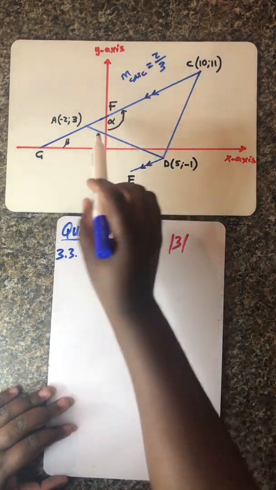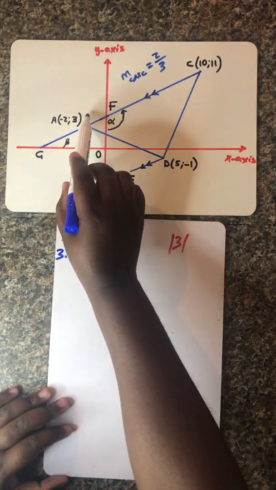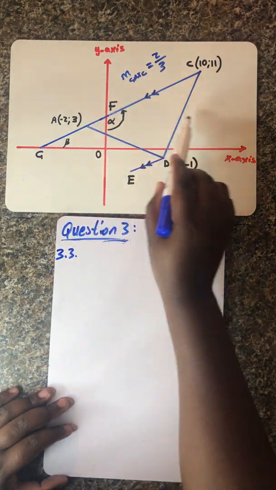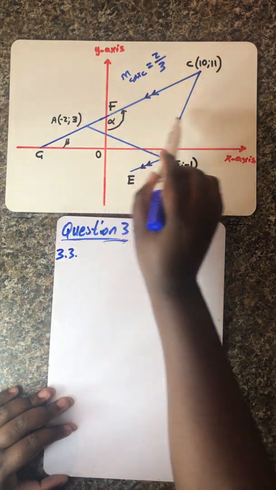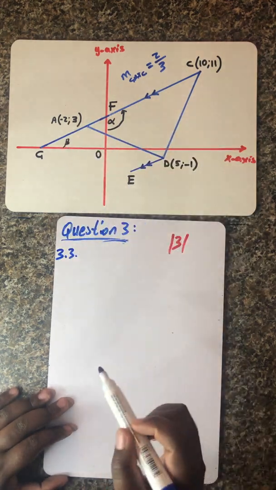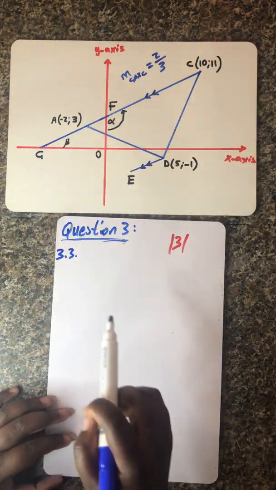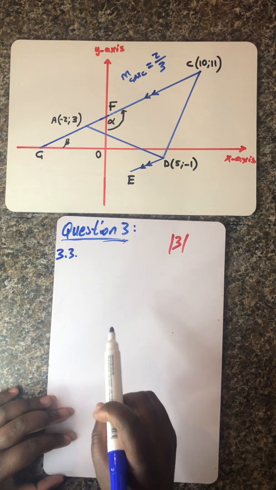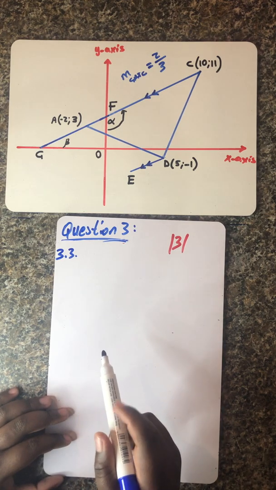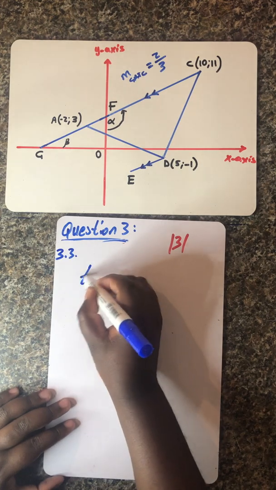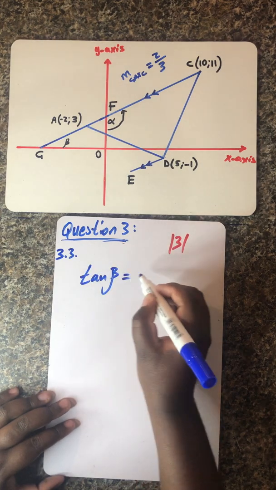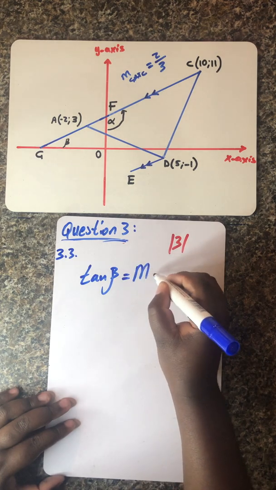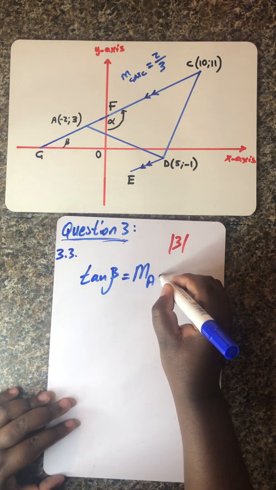Remember, there's a horizontal dotted line there, and an angle between that horizontal dotted line and that line, which I requested to be referred to as angle beta. So that means we can say tan of beta is equal to m of AC.